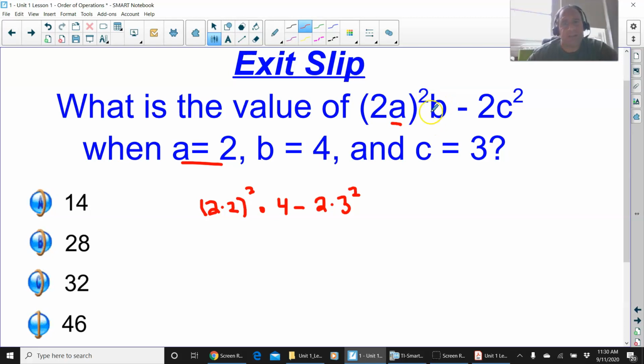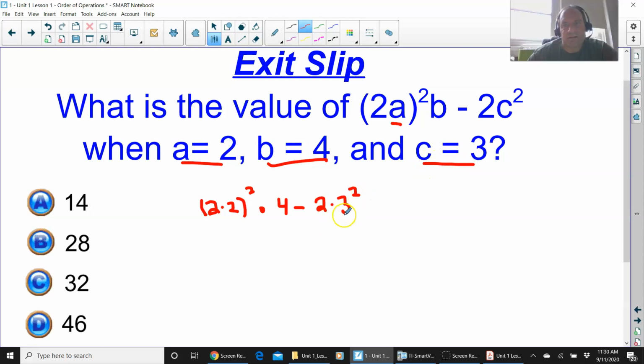It's times b. So I put a little dot here when I rewrote it for myself, times b, and b is 4. So I substituted that 4 in for b. Then I put the minus sign, 2 times c squared. C is 3, and 3 squared would be what I have there.